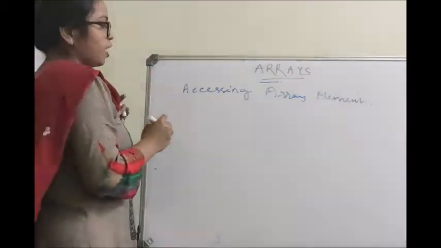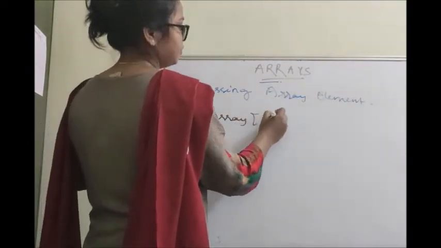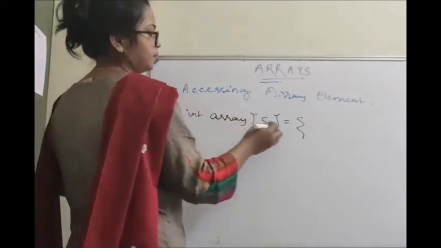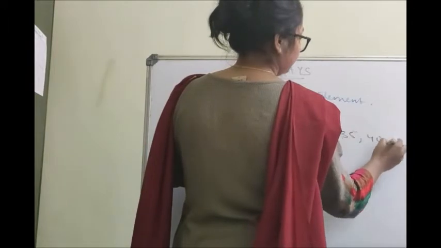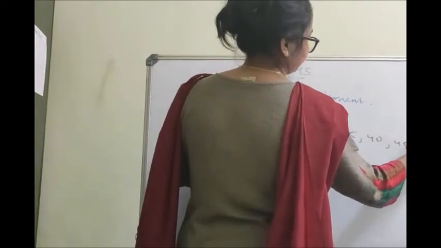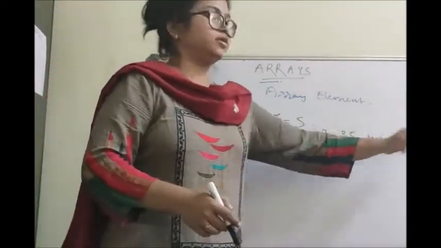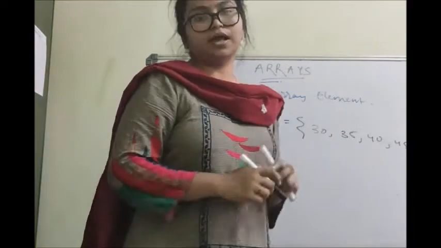Now, suppose you have declared an array, the name itself is array, of 5 integer type, and it is 30, 35, 40, 45, 50. Suppose this is your array. Now you want to print the last element. Suppose I ask you to write a program to print the last element.